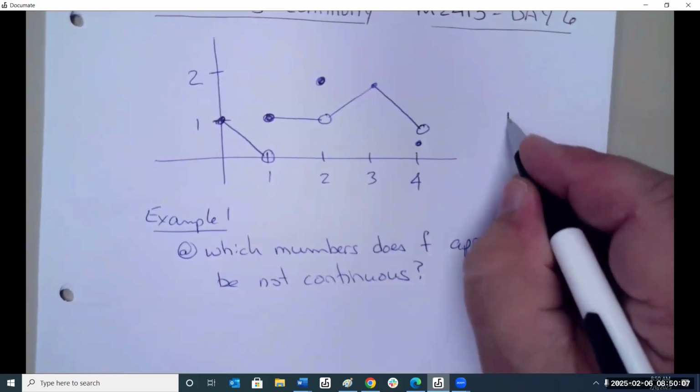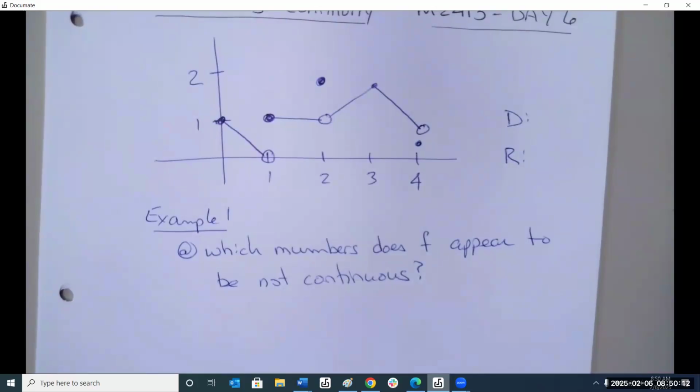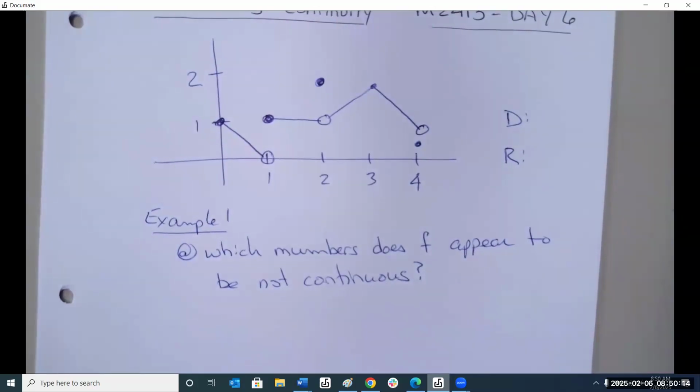So actually here, what's my domain and what's my range? In this graph, what's my domain? Which axis is the domain? X-axis.